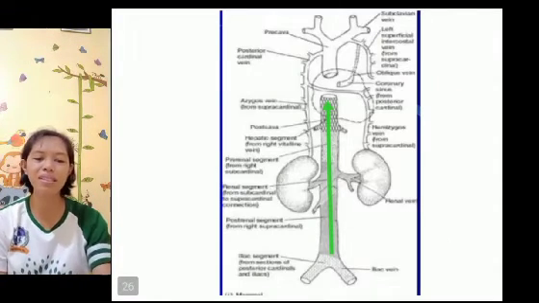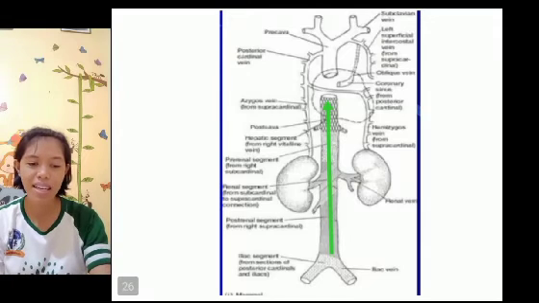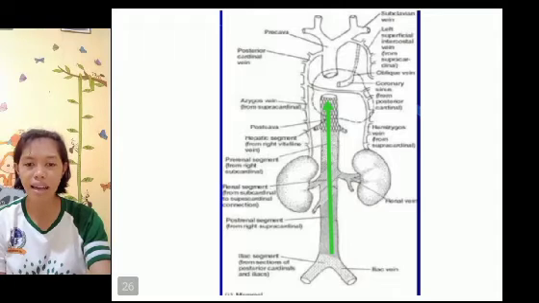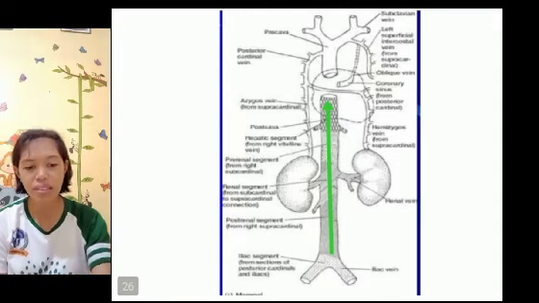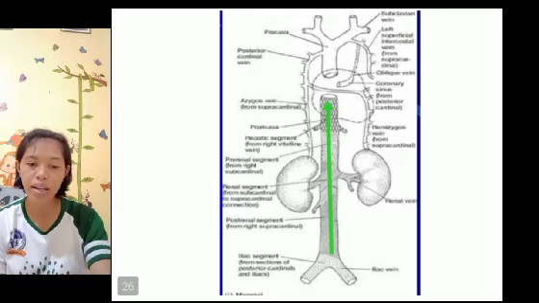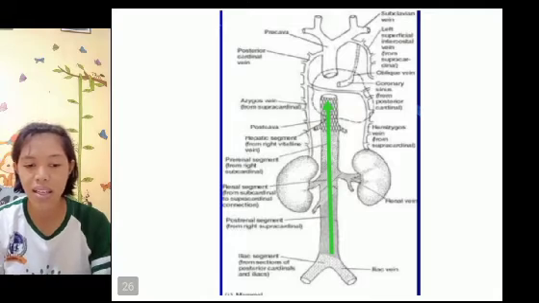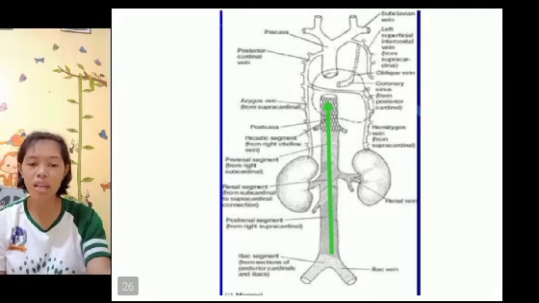Now, in mammals, as we can see, this one is the leg of the mammals. The green one here serves as our post cava. Now, if that's the post cava and this one is the pre cava, where is this coming from? As we know, this pre cava is from the common cardinal vein.